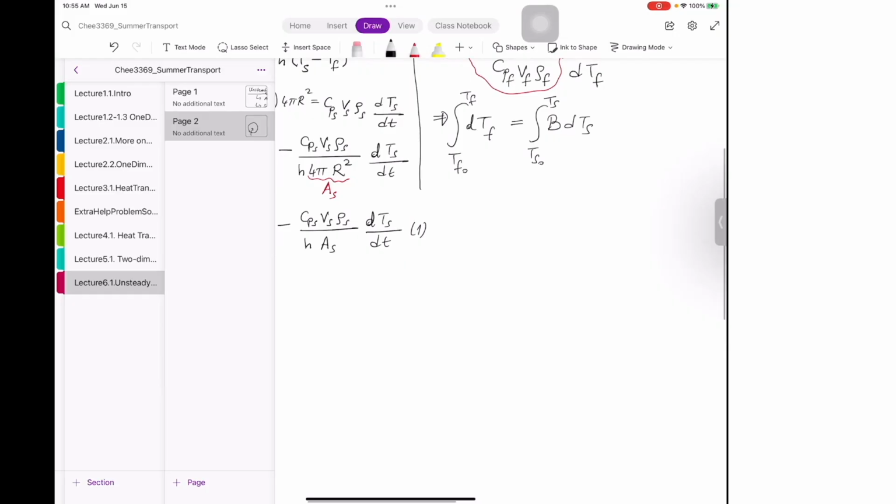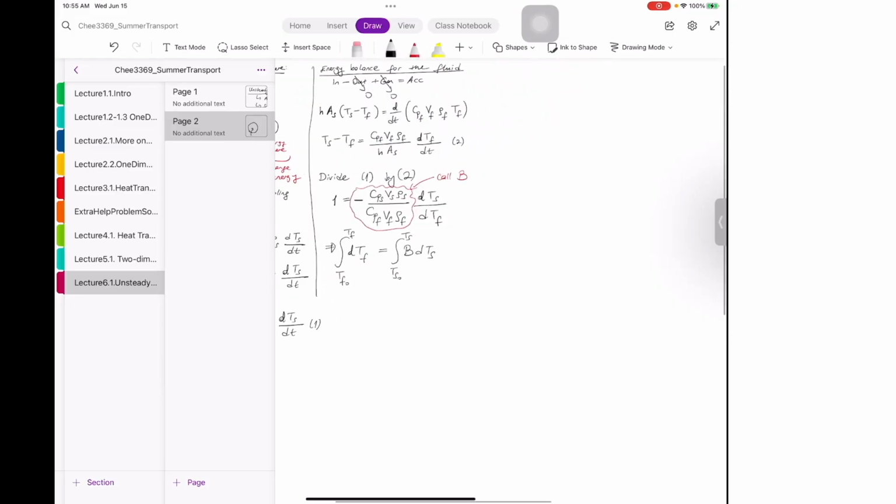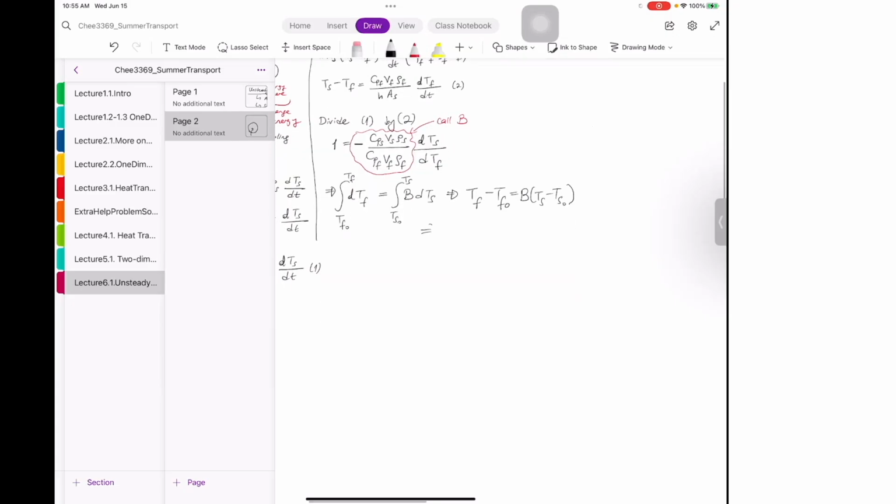From here we find that Tf minus Tf0 is equal to B times Ts minus Ts0. From here, we write down the Tf in terms of Ts. Tf is equal to Tf0 plus B times Ts minus Ts0.